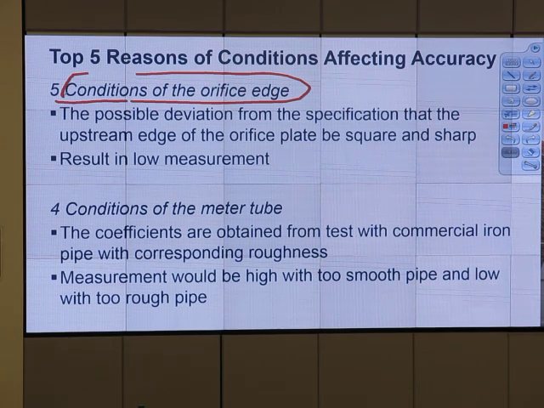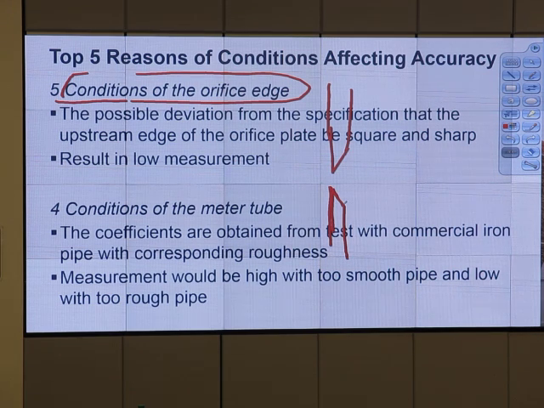The possible deviation from specification is that the upstream edge of the orifice plate should be square and sharp. If you have a plate like this, over time it erodes a little bit, so instead of a sharp edge, it's not sharp anymore.